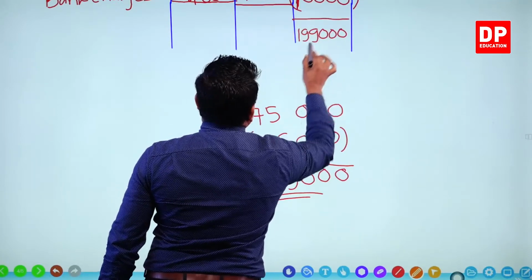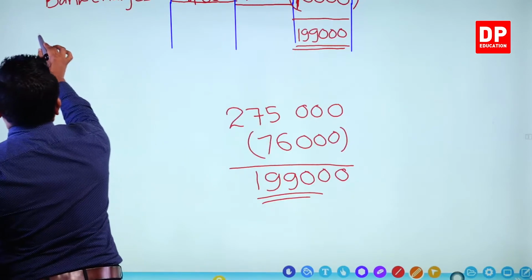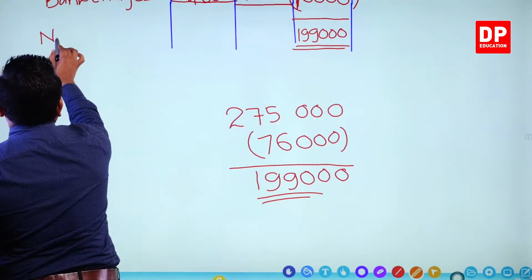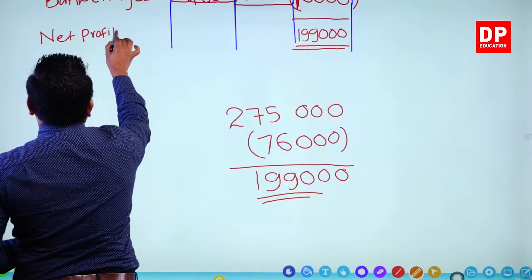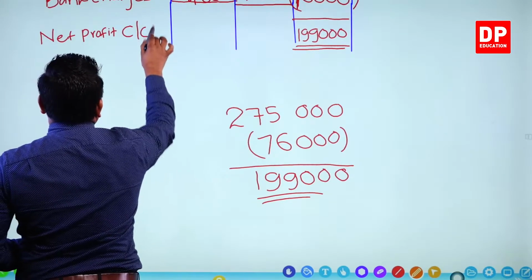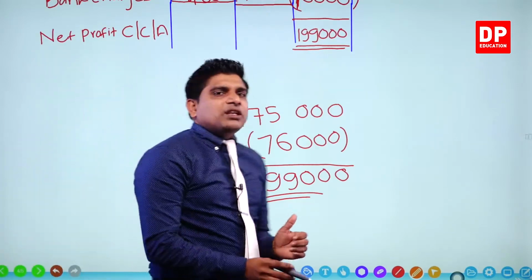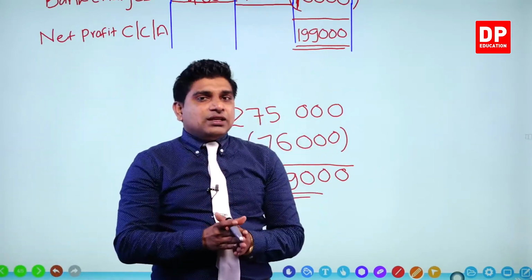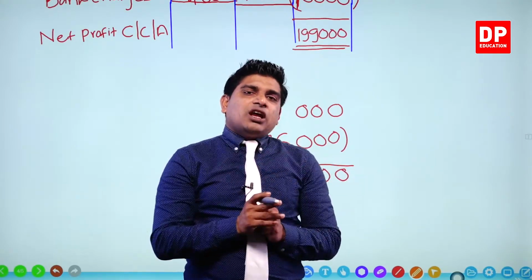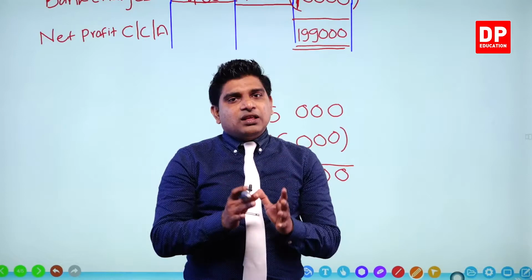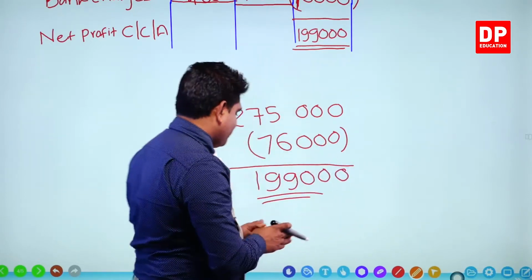Okay. Then you close, and you must remember, you write here net profit, carried to capital account, CCA. Where can you see the capital? In the statement of financial position. Then you move to the statement of financial position with net profit of 199,000.